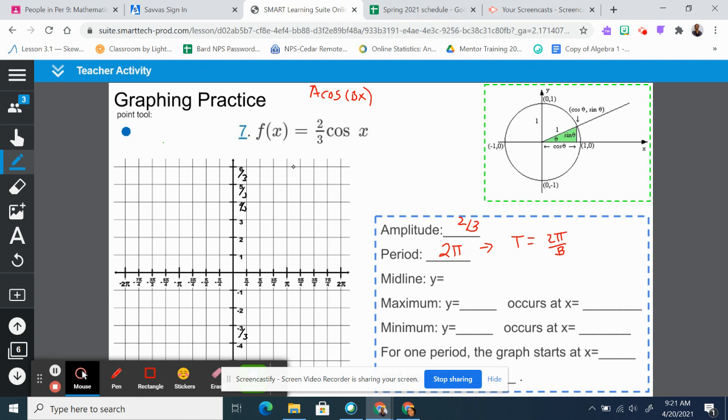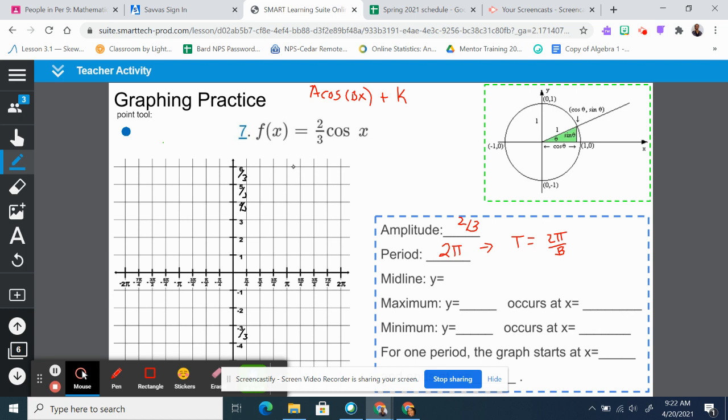Our midline is actually controlled by whatever we add or subtract to this entire function. I didn't talk about it on a previous slide, but if I add a value k to this entire function, it's going to cause it to shift up. Every value, we're just going to add k to each value, so it shifts up by k.